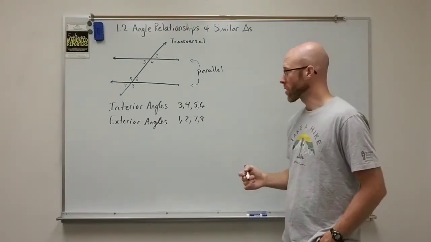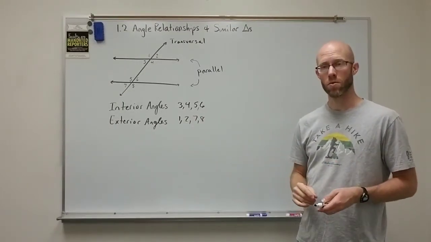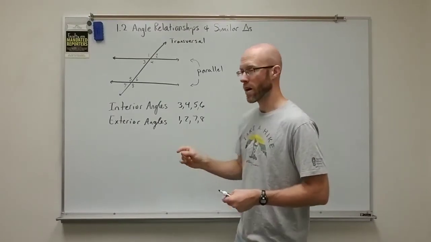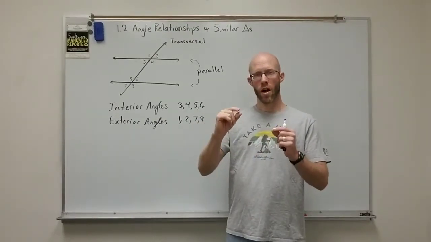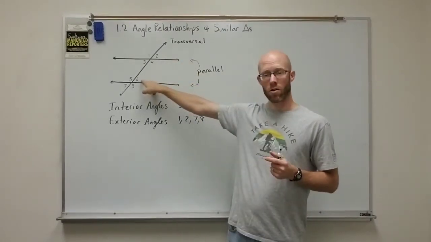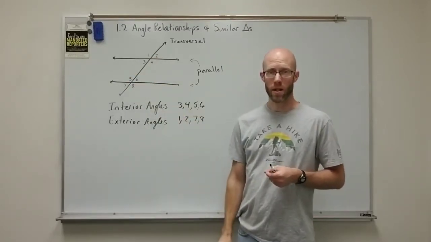Corresponding angles. Rather than write them all up here, I'm just going to give you some description verbally. Corresponding angles are angles in the same position on each parallel line. So for instance, angles 2 and 6 are corresponding angles, and angles 1 and 5 are corresponding angles.